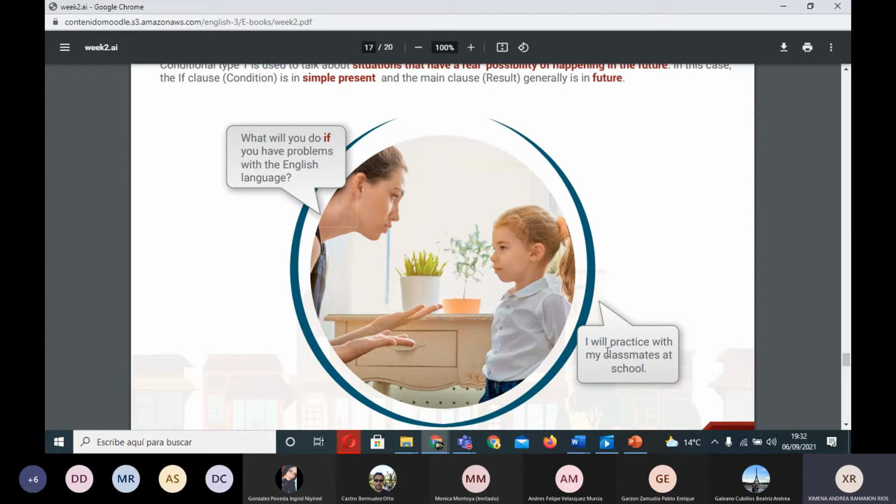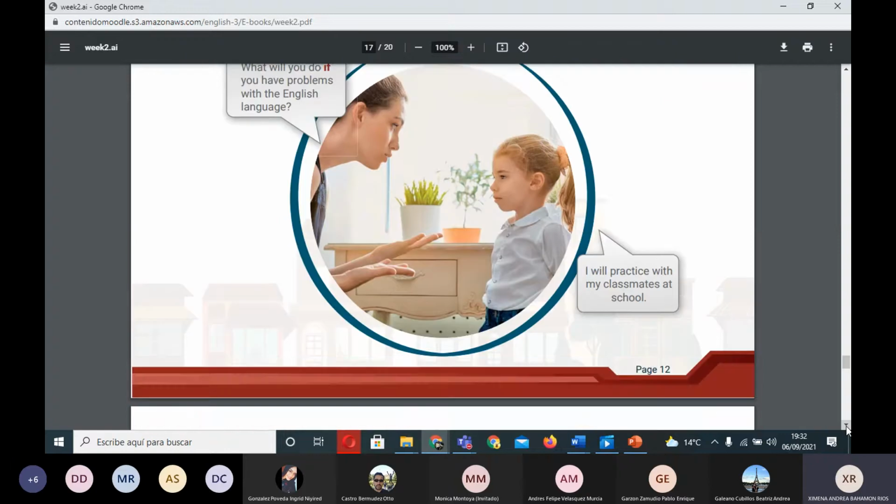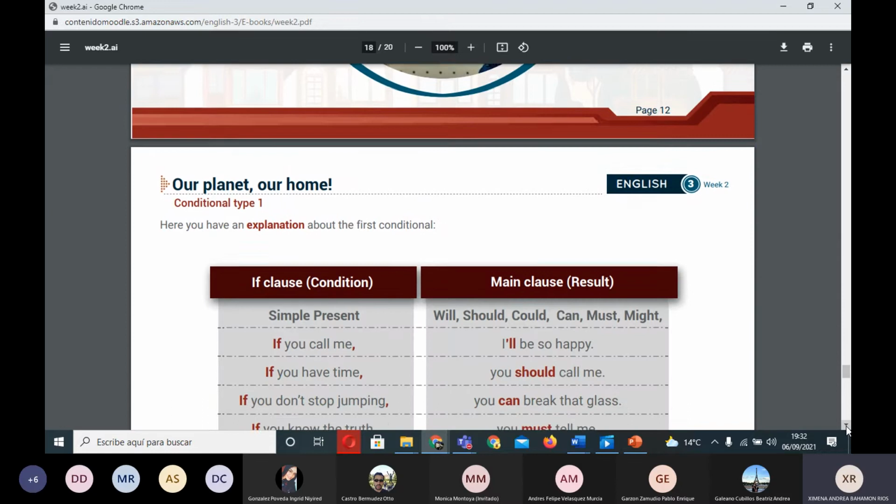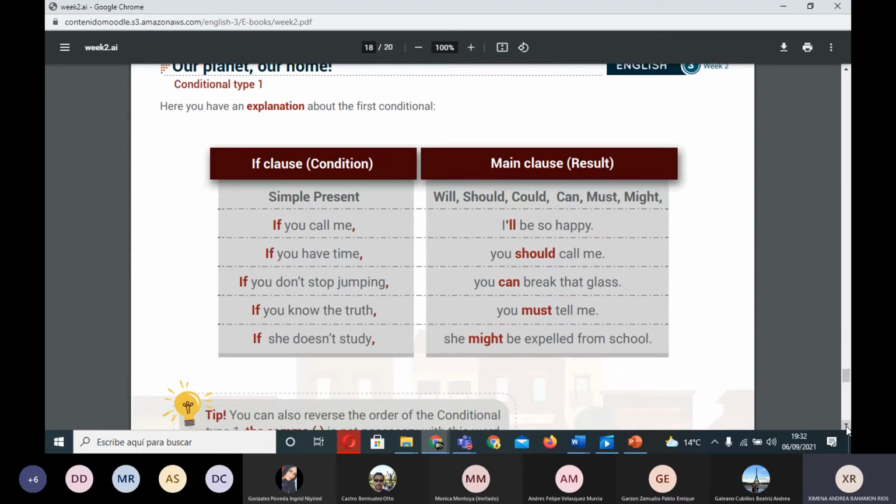It means that we are going to use, in the result, will and the verb in infinitive to express the consequence of that situation. Let's observe here in the ebook the explanation and the grammar again with the two parts. I repeat, the condition is conjugated in present simple tense.